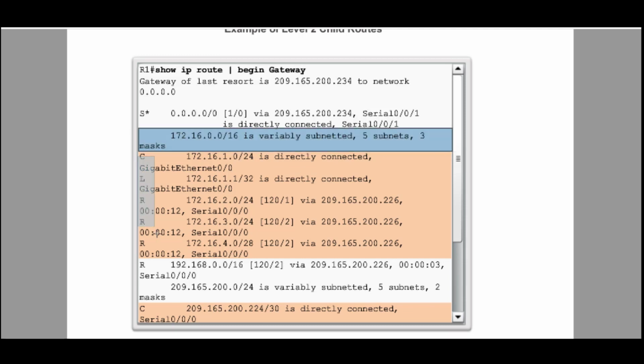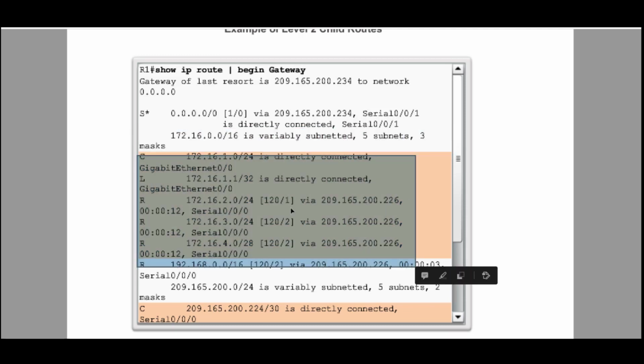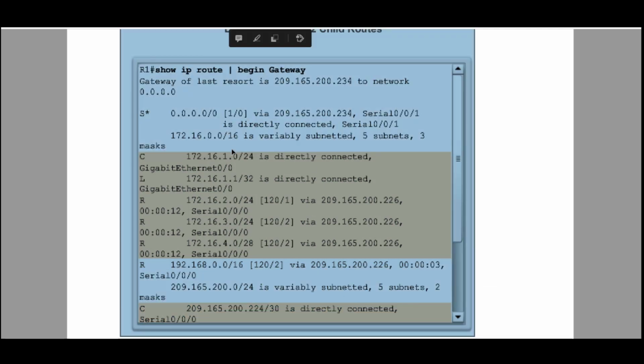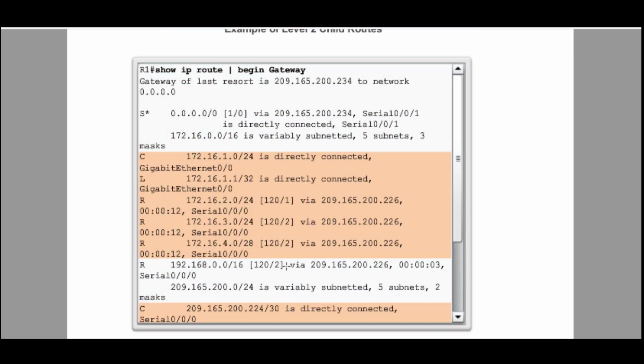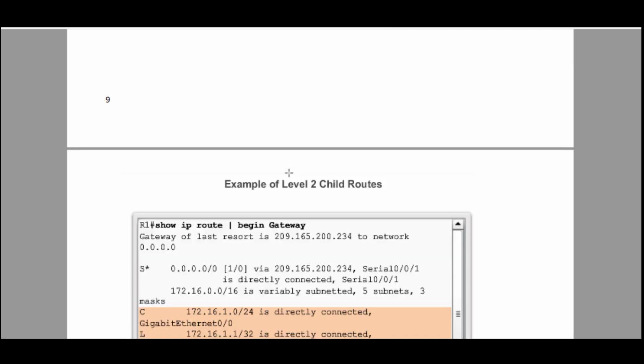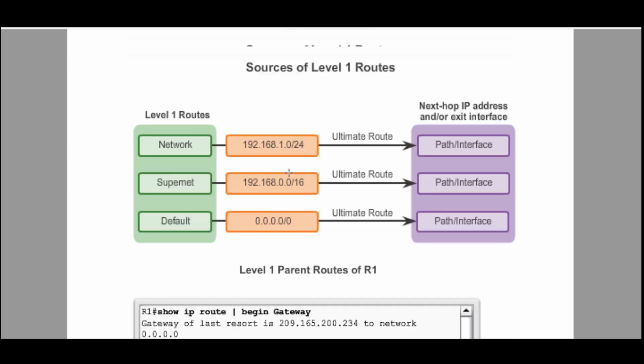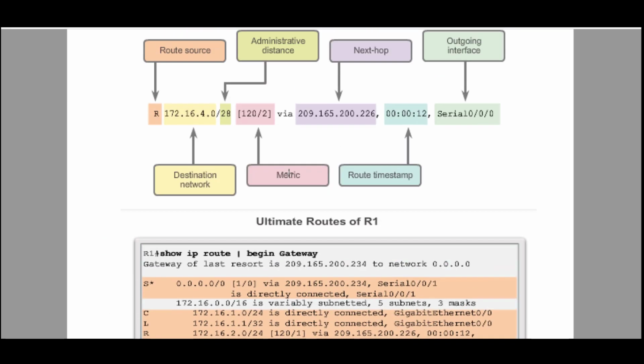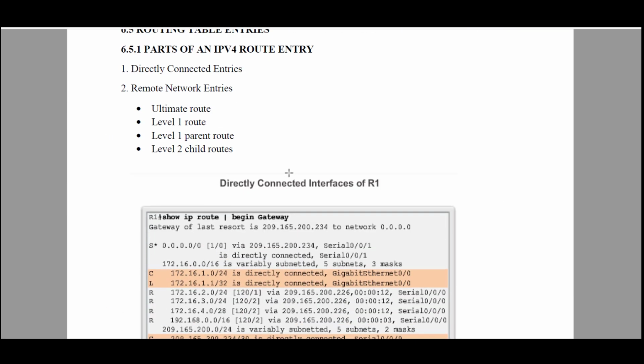Now I'm telling you these are all level 2 childs. Level 2 childs means in the major network, whatever subnets you have done, these are going to be your level 2 childs. So these are all the different types of routing table entries. If you go for the routing table entries, the ultimate root is a collection of 3 or 4 things.